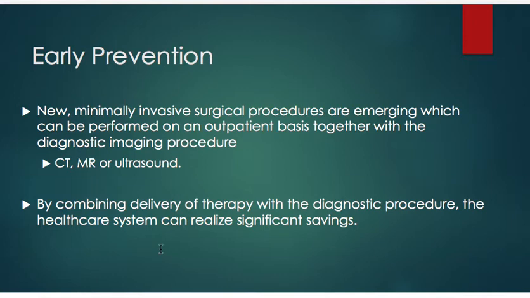So we use CT and ultrasound a lot for biopsies. So if they find a mass or a tumor and they want to test it to see if it's cancerous, they can go in with ultrasound guided biopsies. They actually watch the needle go all the way into the mass, and they'll take a sample to test it.